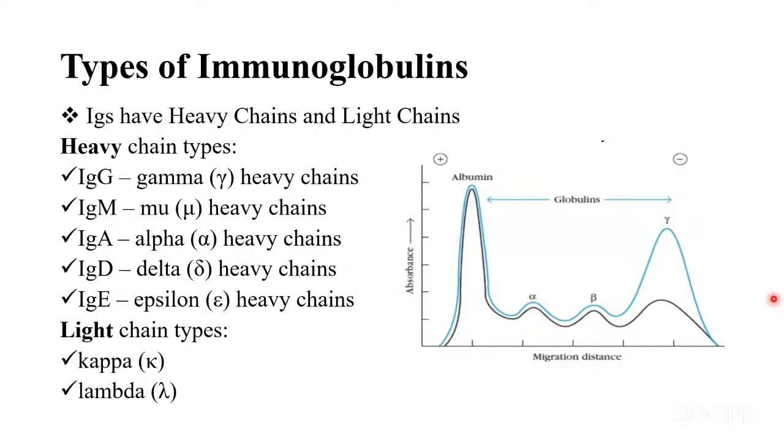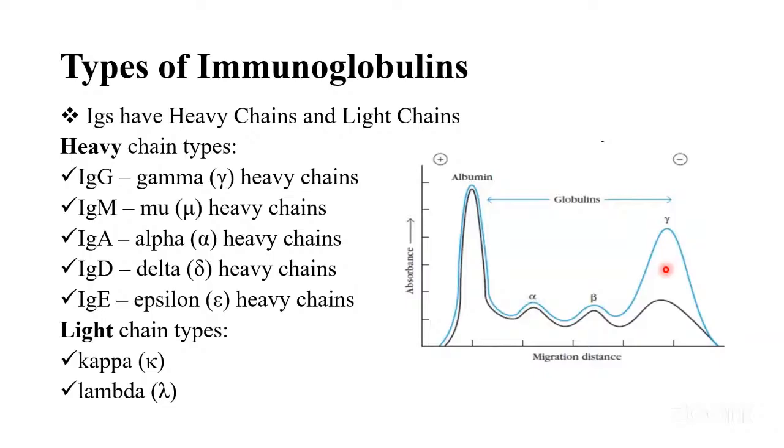And this is a classical example of a protein electrophoresis that is showing the migration of these particular proteins, these chains, along the electrophoresis plate. And you can see that there's a peak at the albumin. This is the major protein in the body. Then there's another peak at alpha, a peak at beta, a peak at gamma.